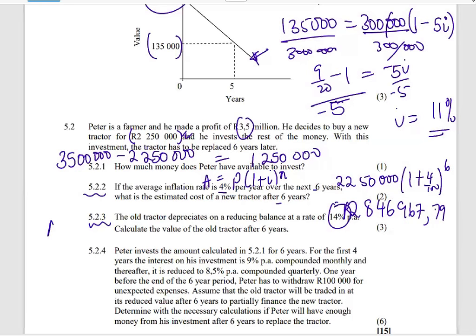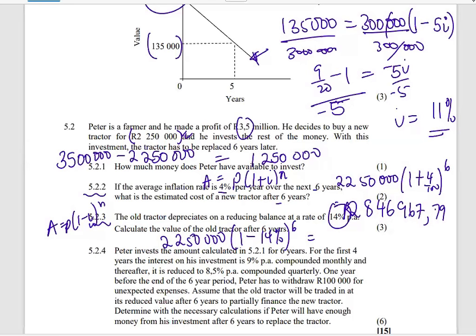So we're going to use the A is equal to P1 minus I to the exponent of N. So still the same value, 2,250,000, 1 minus 14%, 14 over 100 to the exponent of 6.